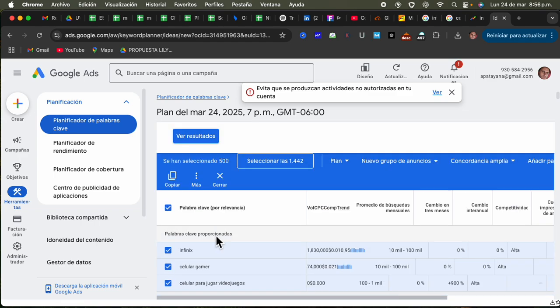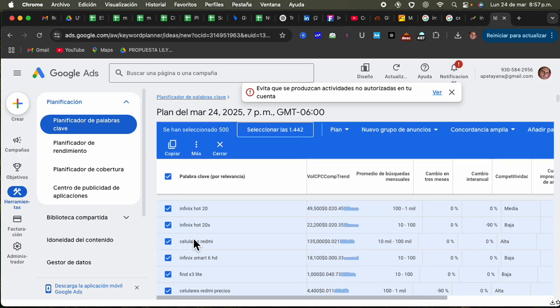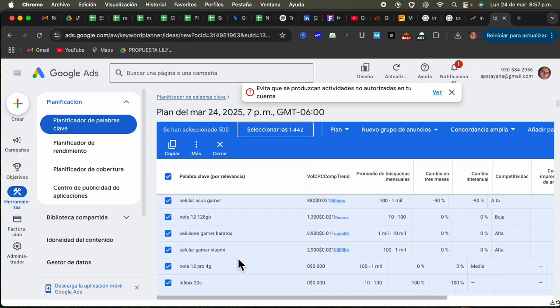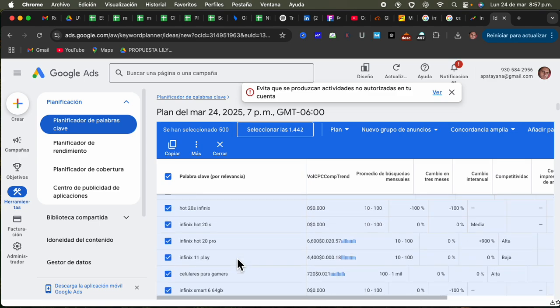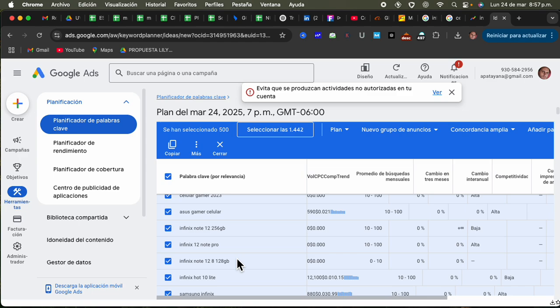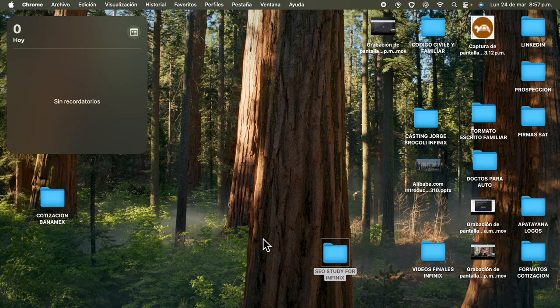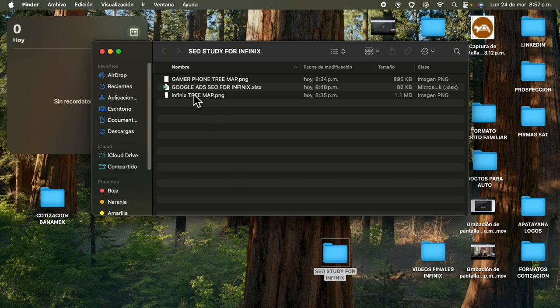So we have these keywords that they are using related to these searches, to Infinix, to mobile gaming phones and everything. So we came here, we did this study.